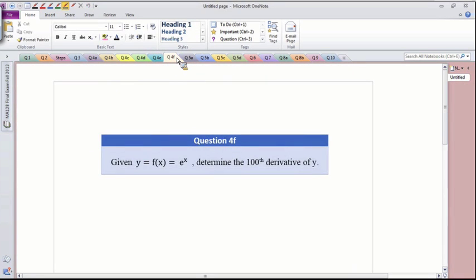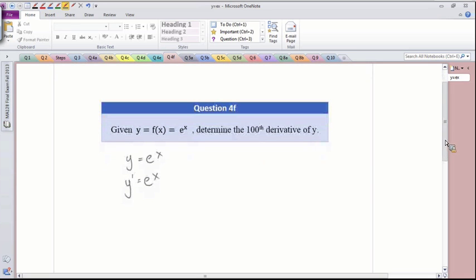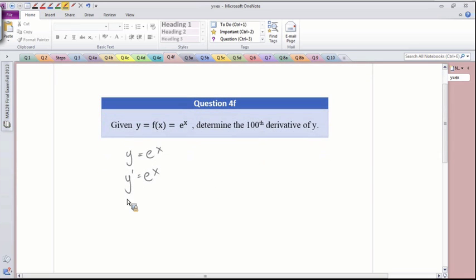Given y is equal to f of x is equal to e to the x, determine the 100th derivative of y. So I guess we start this question by finding y prime. Well, if y is equal to e to the x, then y prime is equal to the same thing, e to the x. If we do the second derivative, the derivative of the derivative, y double prime is e to the x.